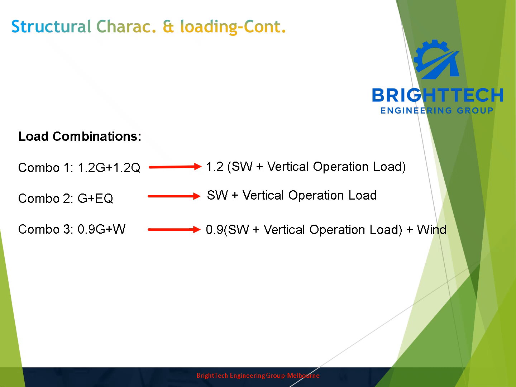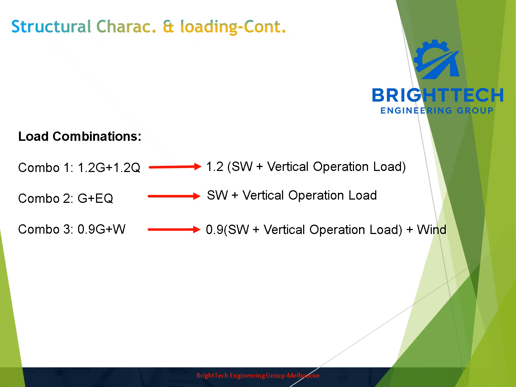So the load combinations that we are using are 1.2G plus 1.2Q, which is 1.2 multiplied by the self weight of the structure and vertical operational load. The structural weight, including the dry weight and operational weight, can be obtained from the client.